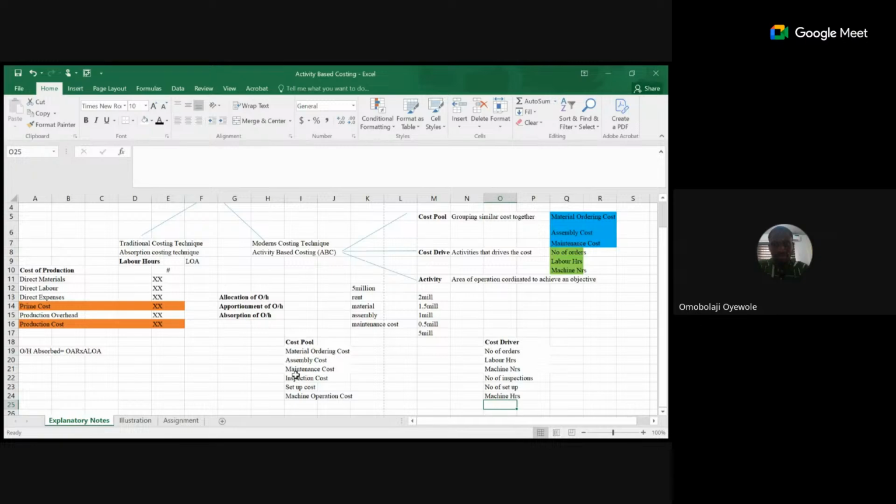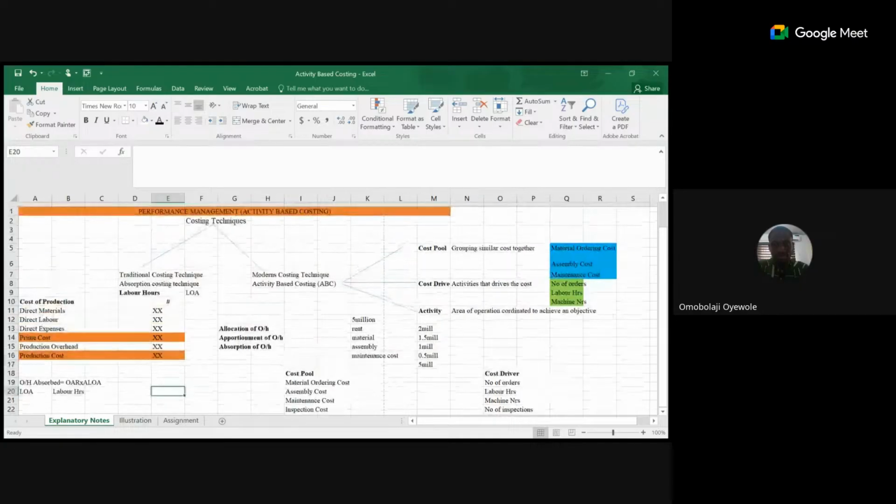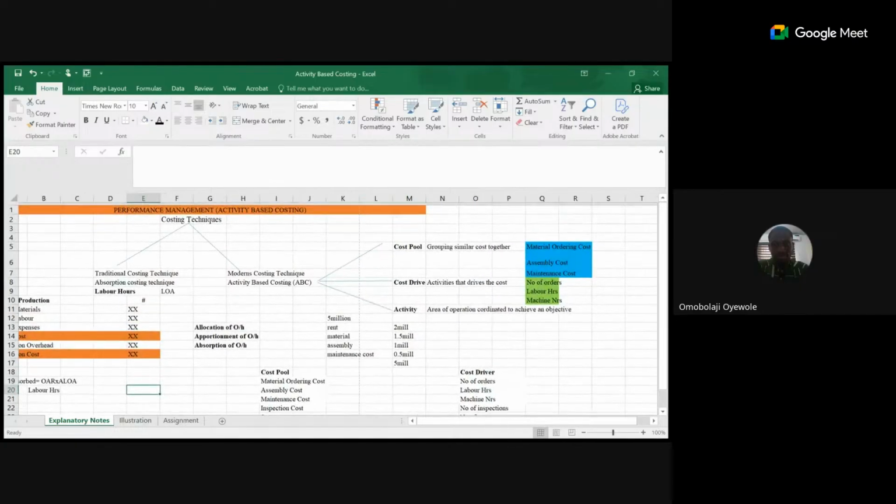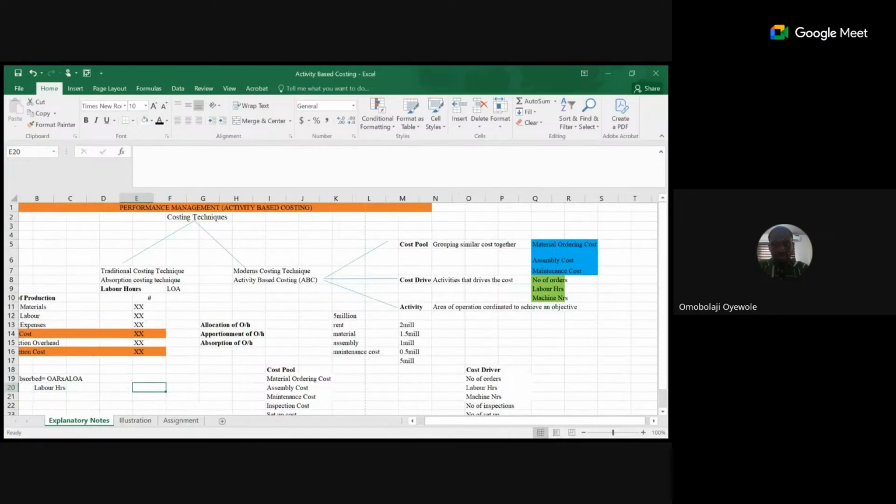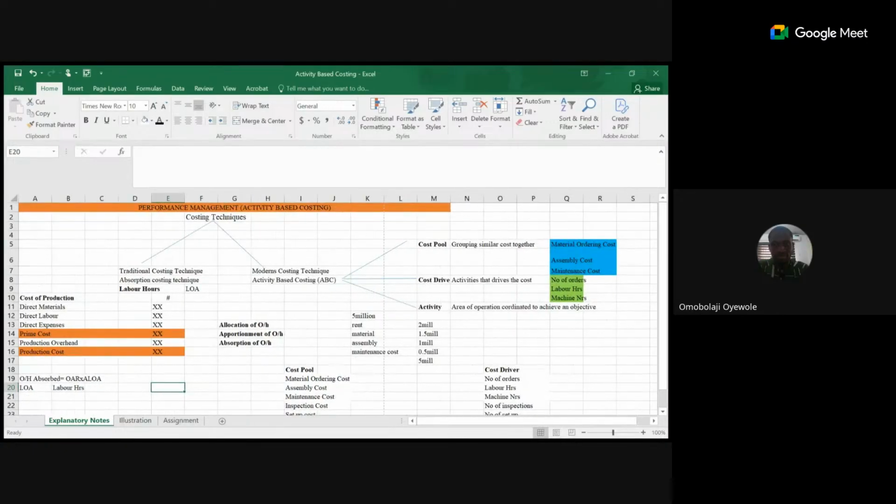For the traditional absorption costing technique, our level of activity will be labor hours, except the examiner states otherwise. If the examiner doesn't state otherwise, our level of activity will be based on what? Labor hours.